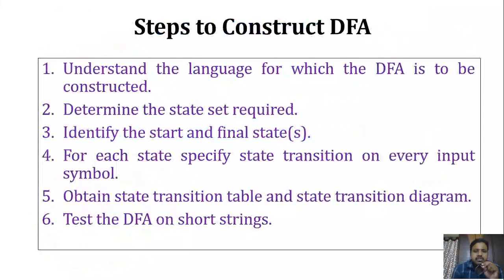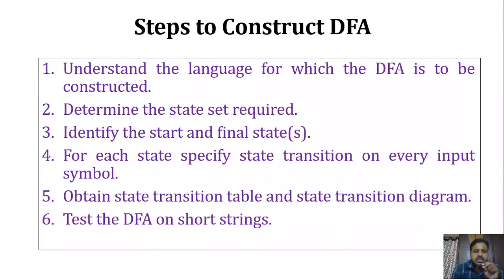So these are the points that we discussed in the previous session related to the construction of DFA. In order to construct a DFA for a given problem, we need to follow these steps. Totally, we have 6 steps. First, we need to understand the language for which the DFA is to be constructed.